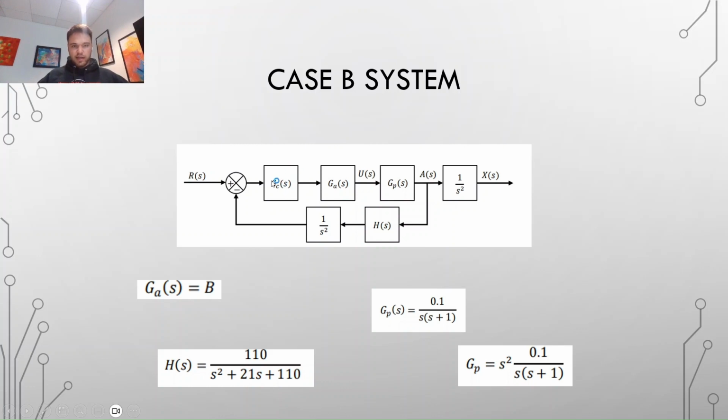So to solve for this one, I had to do GC times GA times GP. I had to combine these two in series down here, so 1 over S squared times H of S. Then I'd have to use the unity feedback, and I'd get all of this divided by 1 plus all of this times all of this.